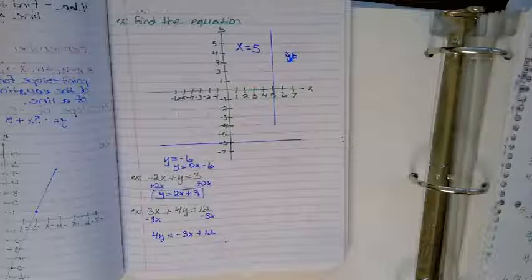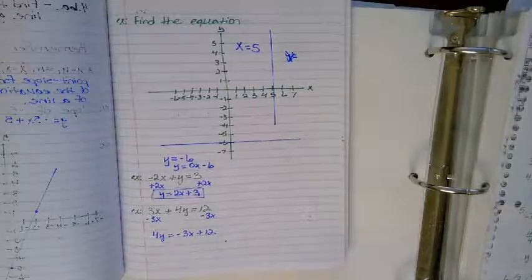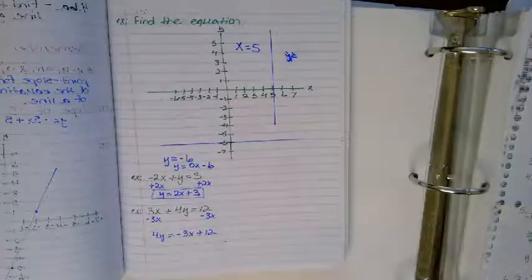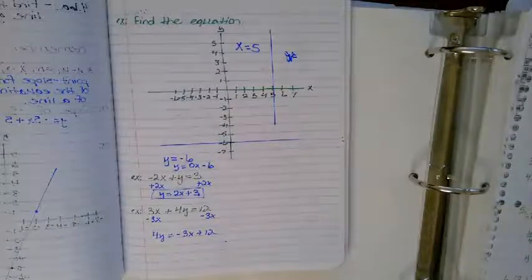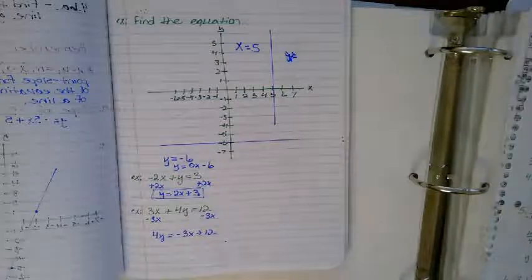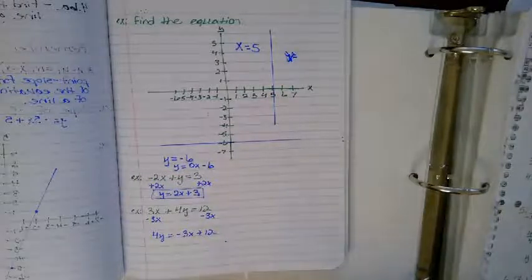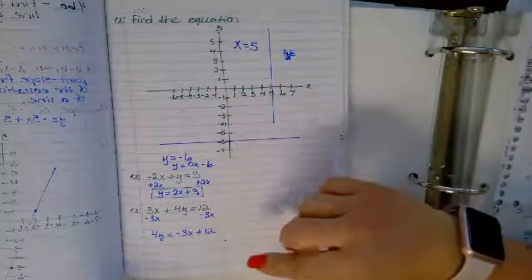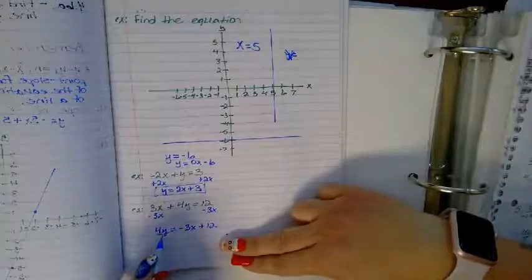Who remembers how to get the y by itself? Tell me, how do I get the y by itself? Divide by that 4, right? And we have to do that to everything in the equation.